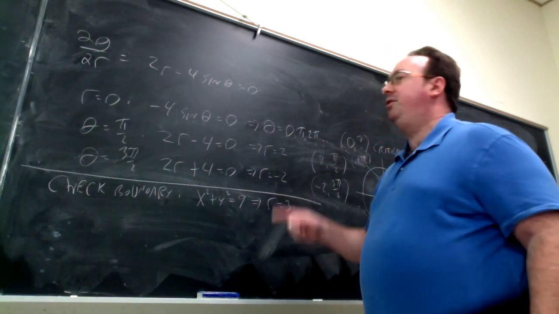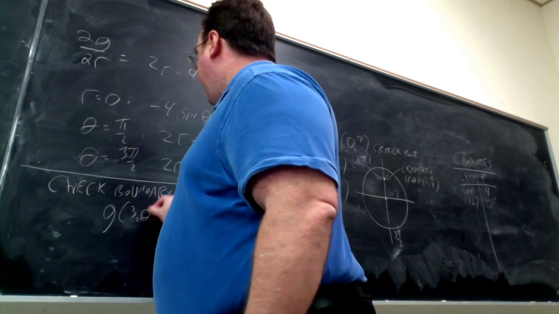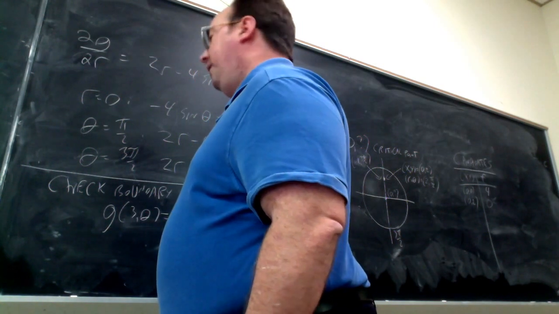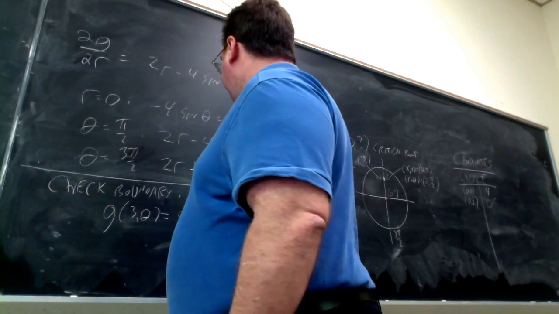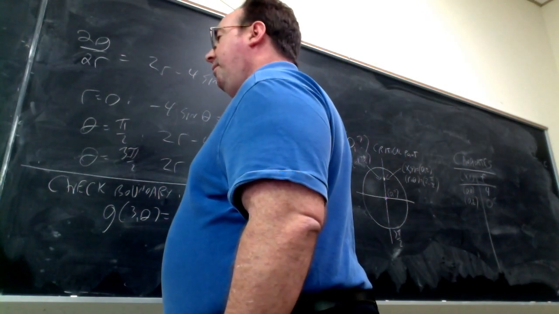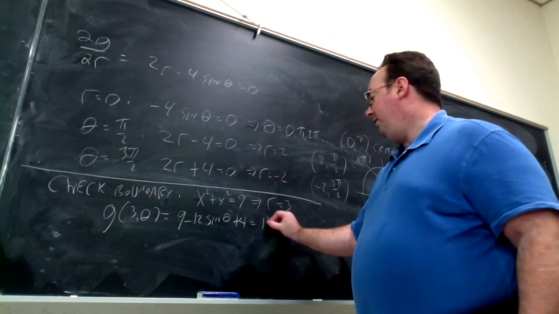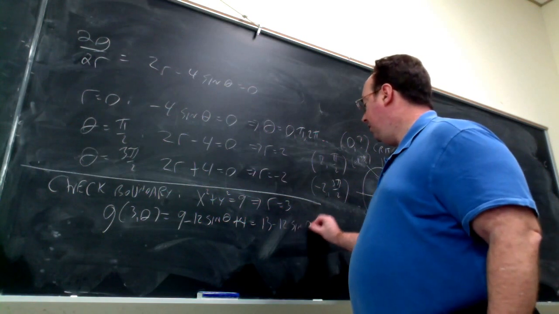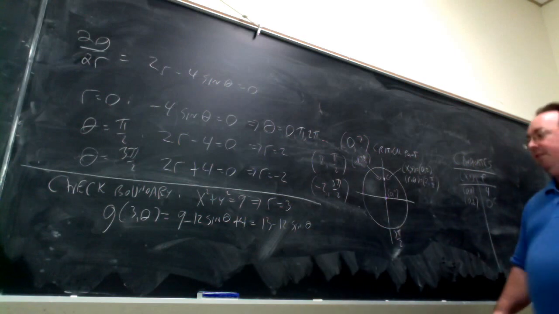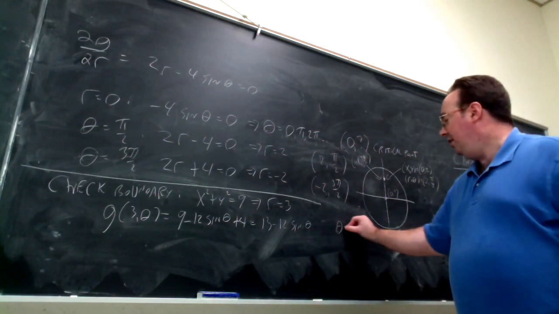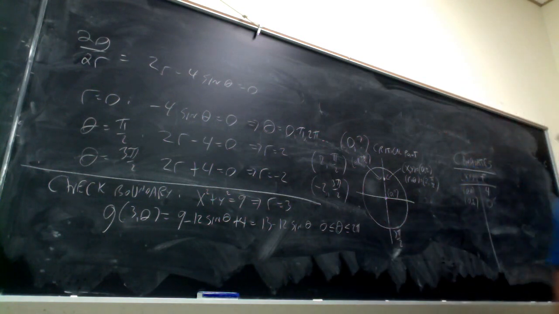So now all we have to do is set r equal to 3 in the function. So g of 3, theta is equal to, okay, 9 minus 12 sine theta plus 4. So we get 13 minus 12 sine theta. And theta is between 0 and 2 pi.